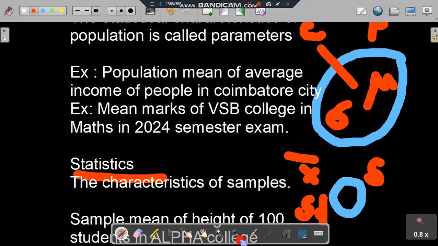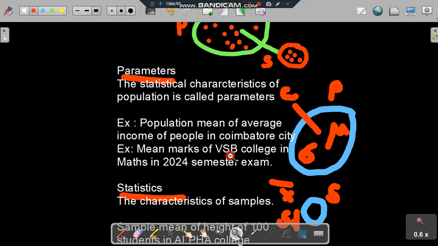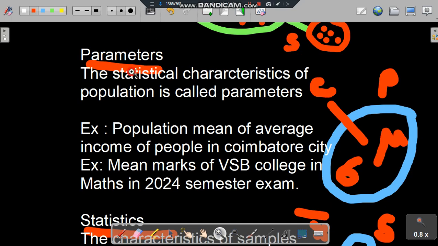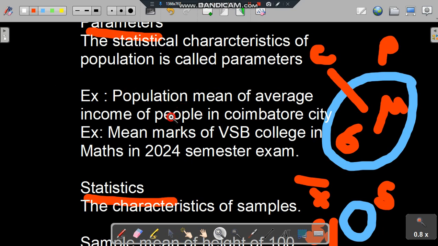Okay, so let us have some feedback on that. What is a parameter? It is nothing but a characteristic of the population. Example: the average income of the people in Coimbatore city, because this average income is a characteristic of the population, is a good example for parameters. Similarly, VSB college is a population on which we are taking the mean marks.